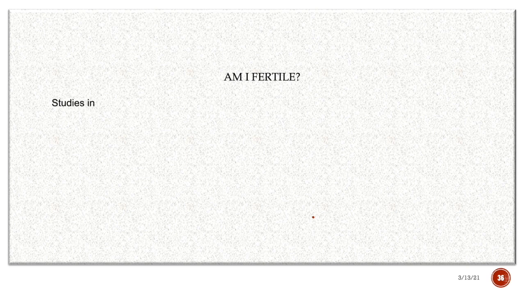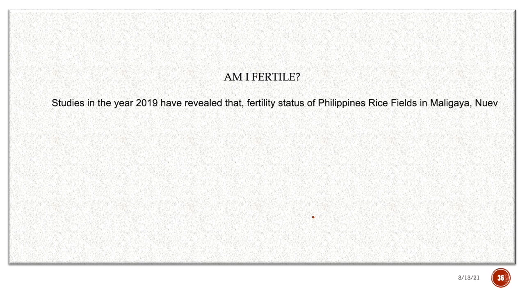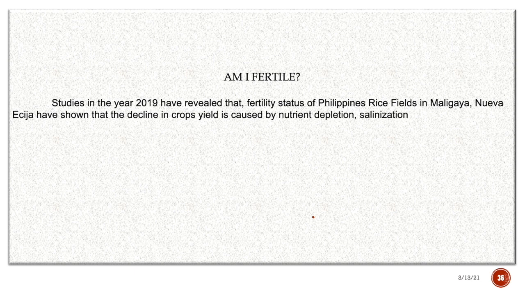Studies in the year 2019 have revealed that the soil fertility status of Philippine rice fields in Maligaya, Nueva Ecija shows that the decline in crop yield is caused by nutrient depletion, salinization, and other soil-related problems.